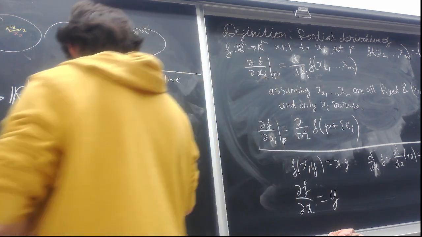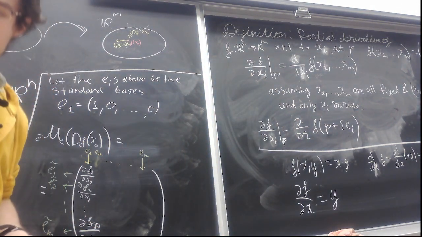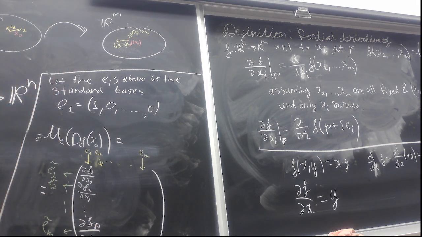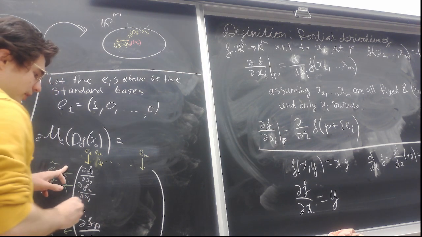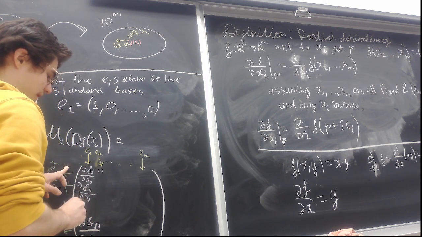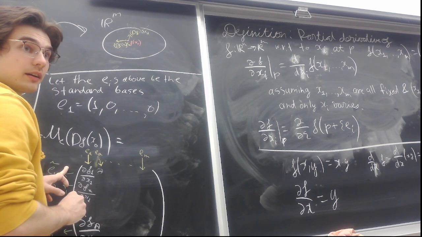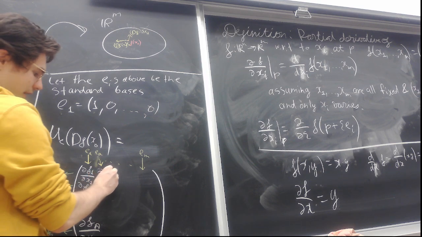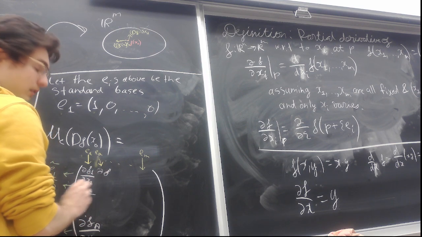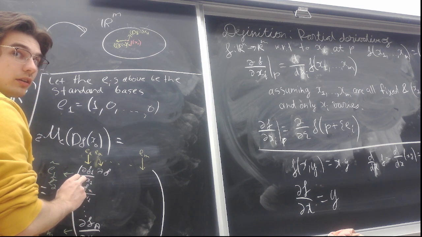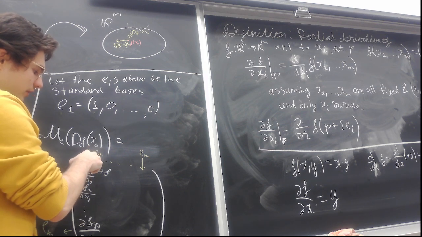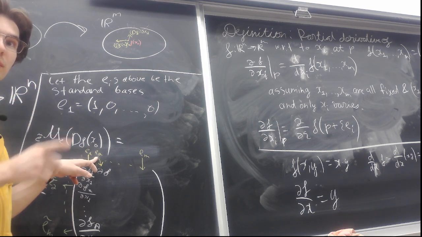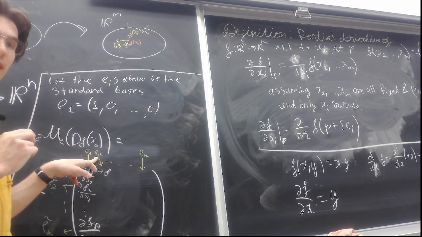Okay. So then e2, what is it going to be? In the x1 direction, it's going to be partial f what? No, think about it. The input means that I'm changing my variable in direction x2.